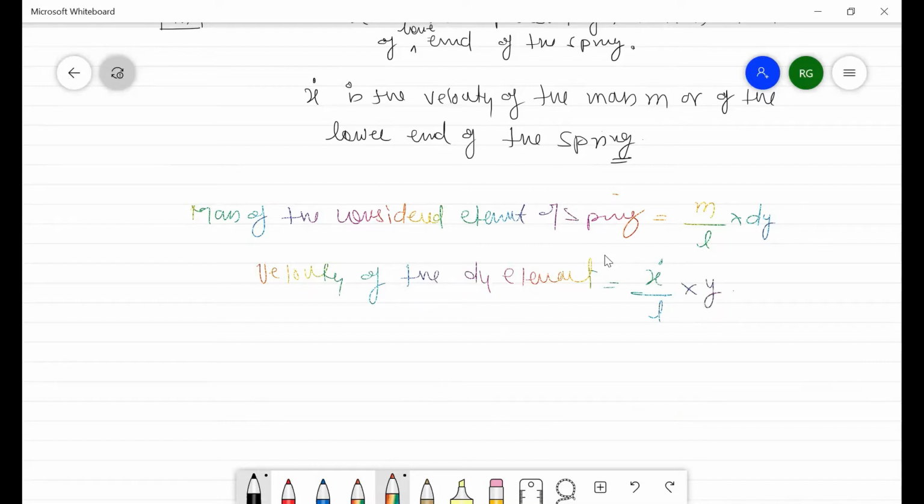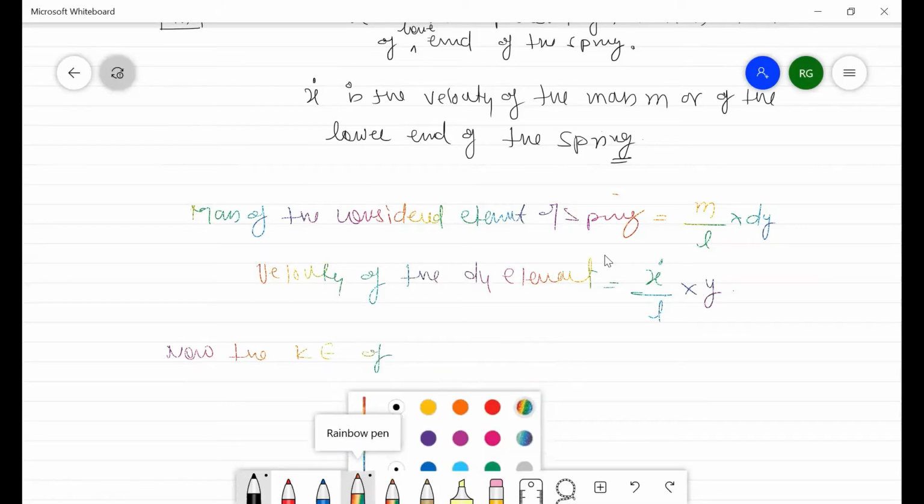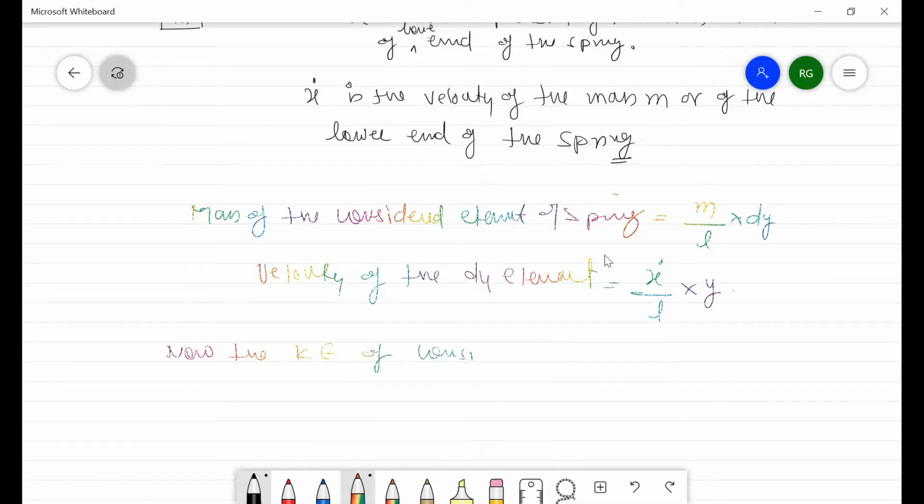Now we can find out the kinetic energy of this element. The kinetic energy is half mv square. The mass of this element is given by this formula, and this is the velocity.